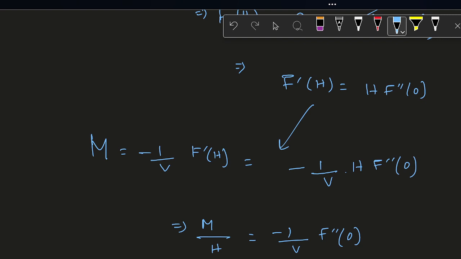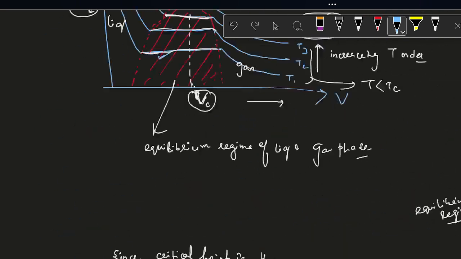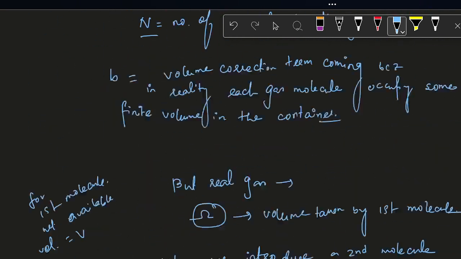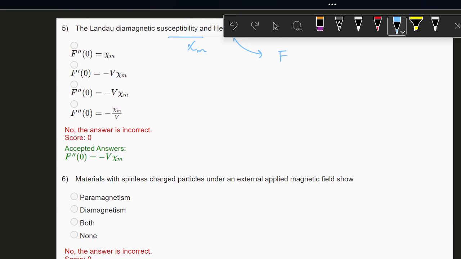So in other words, you can represent f double prime 0 equal to minus chi m into v. So this is your answer. You can match it here. This answer is actually given.